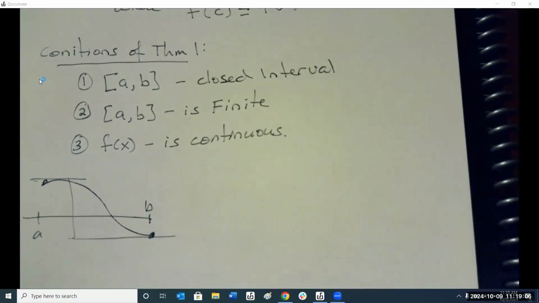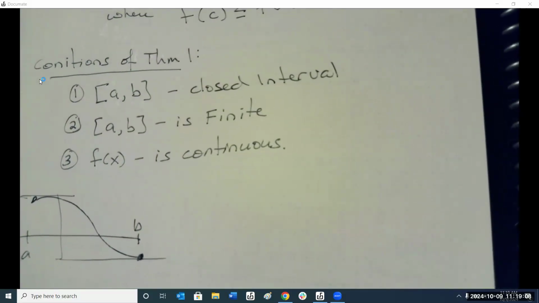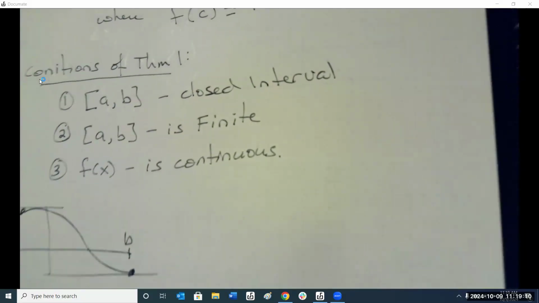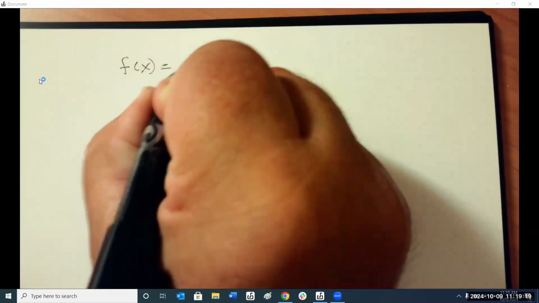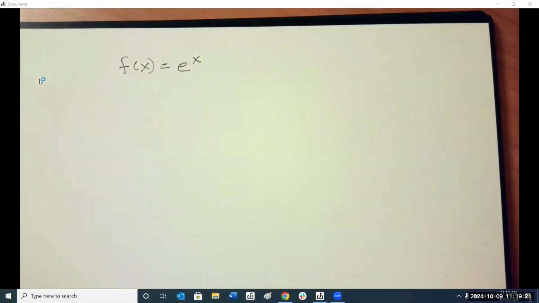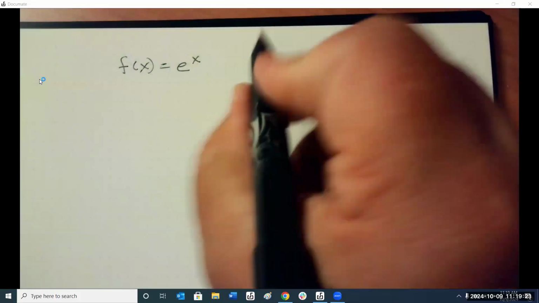Let's look at some examples. Remember, if they're functions, they have to exist in the library of functions. One of them we have is the exponential function.